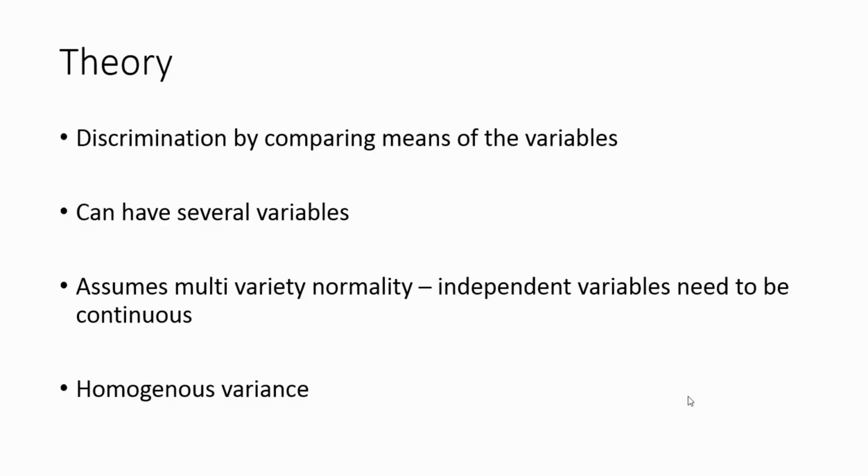So we cannot use categorical variables or ordinal variables in the LDA, linear discriminant analysis. And then there is an assumption of homogeneous variance. The variances of the variables should be homogeneous, so that is like the assumption of homoscedasticity.